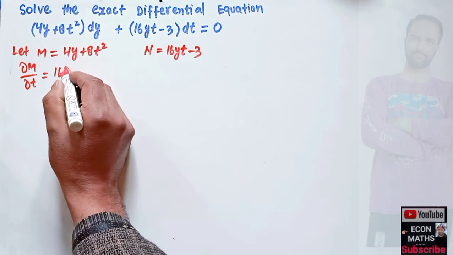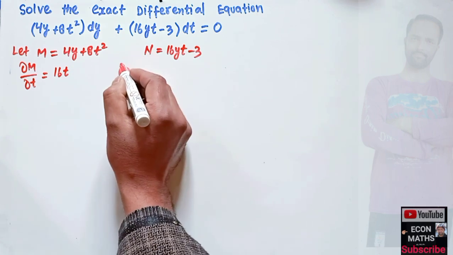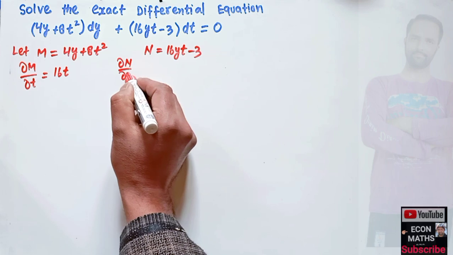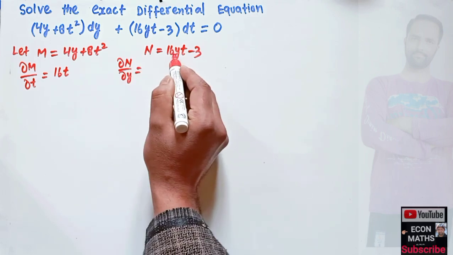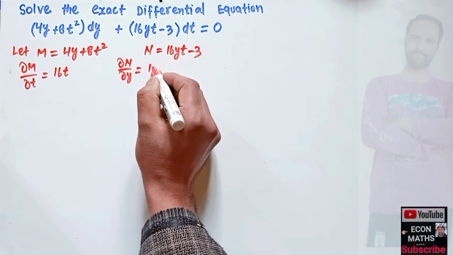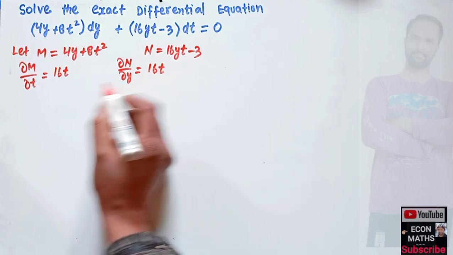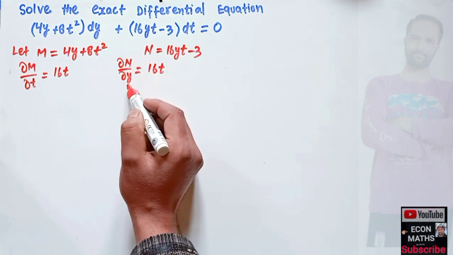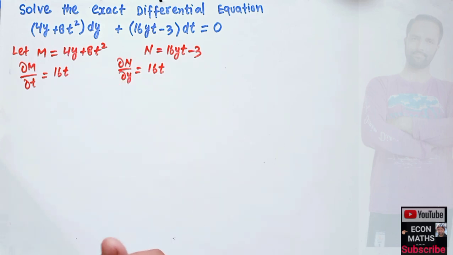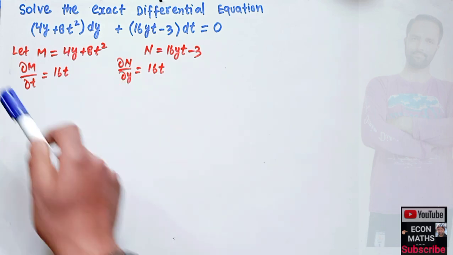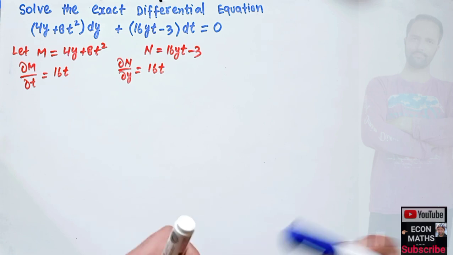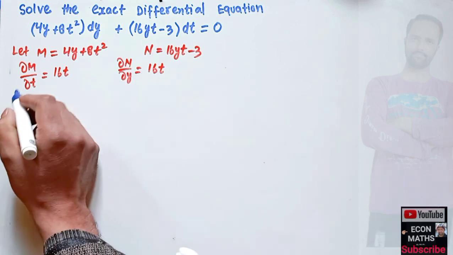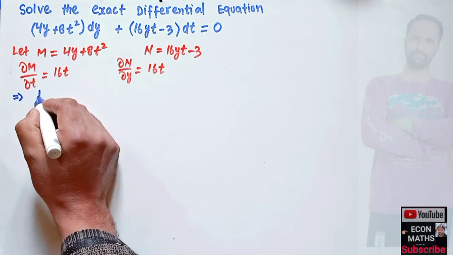Similarly, taking the partial derivative of N with respect to y, the derivative of y is 1, so we are left with 16t again. You can see ∂M/∂t equals ∂N/∂y, because we got 16t as both the partial derivatives of M and N. That means it is an exact differential equation.